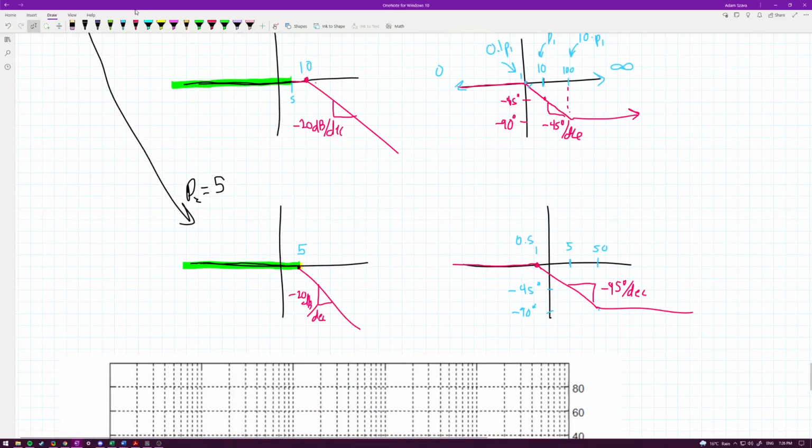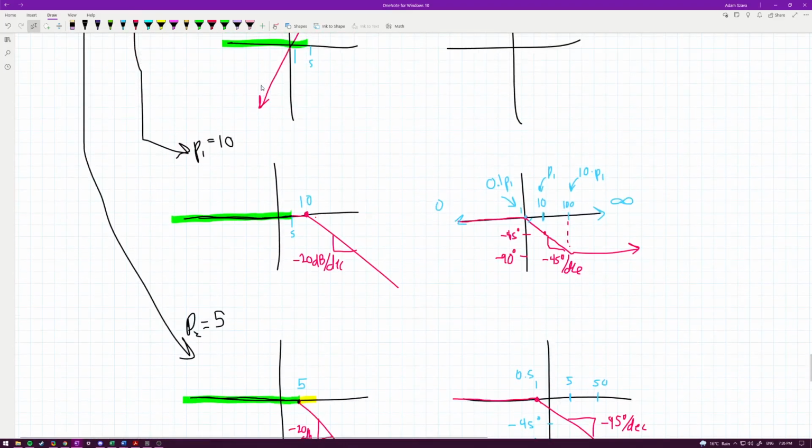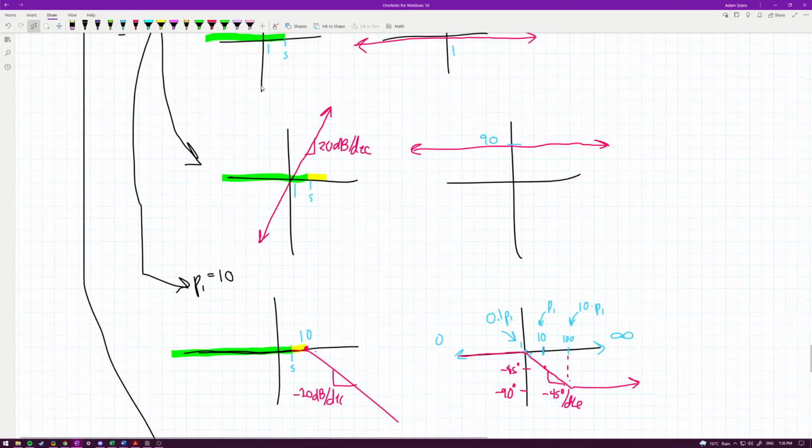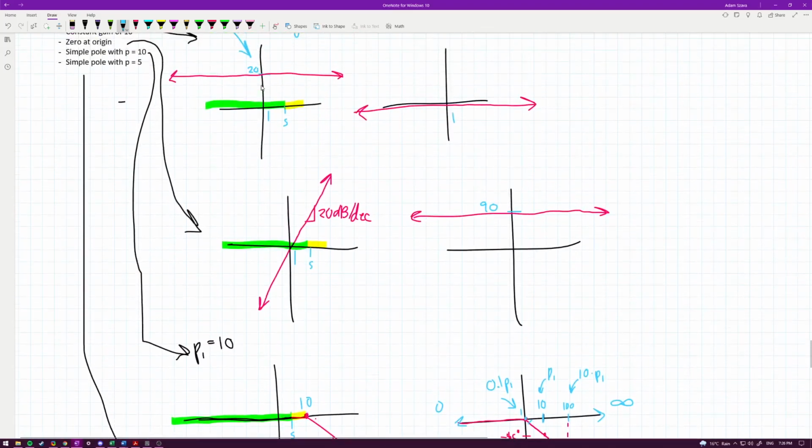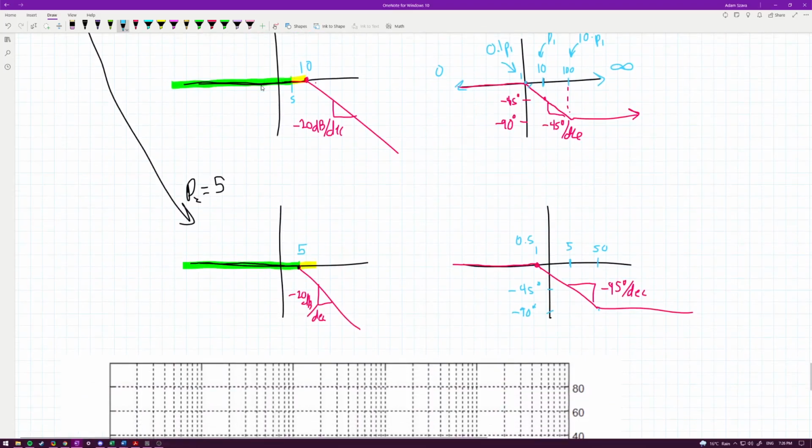Then from 5 to 10. Right? 5 to 10. And then finally from 10 on.